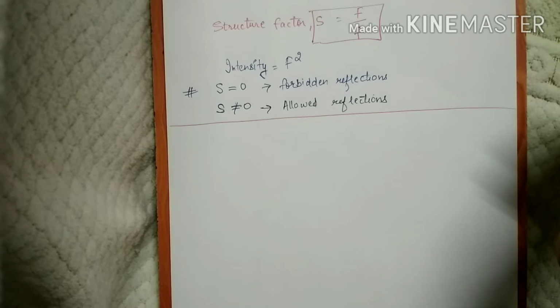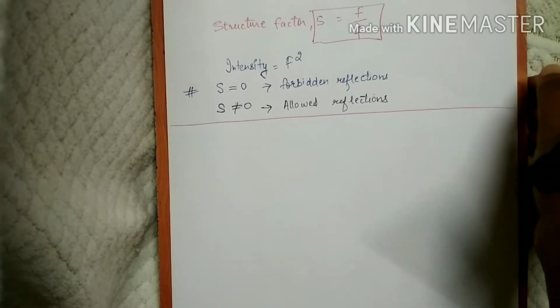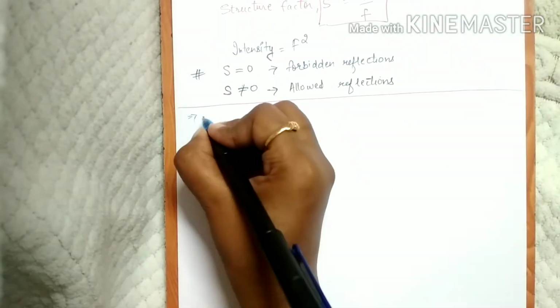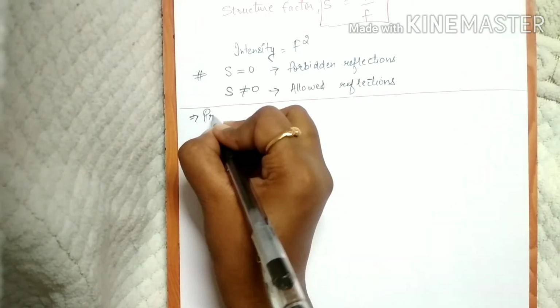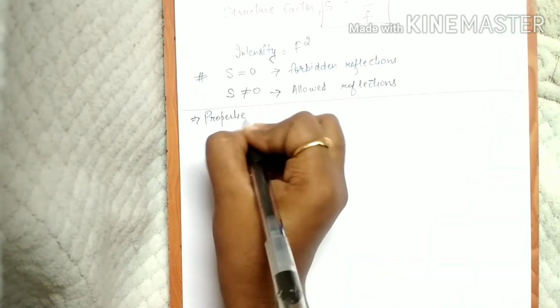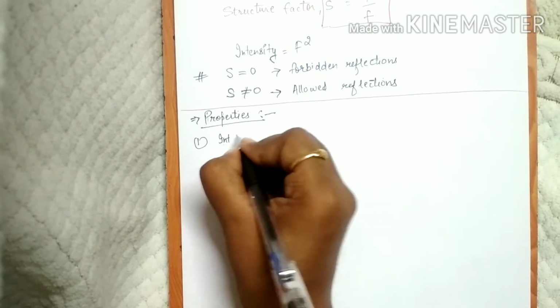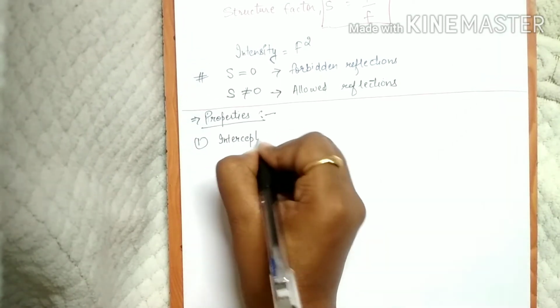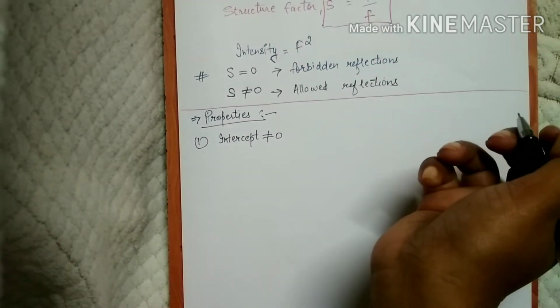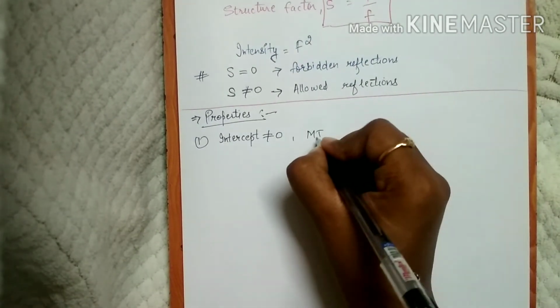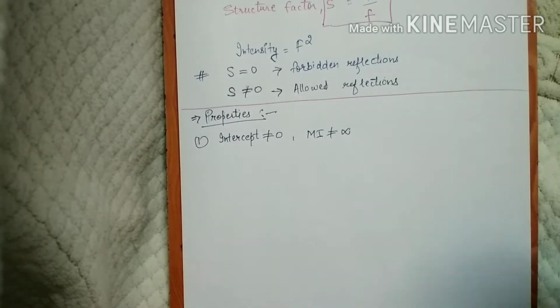So now we are going to study about the properties of your Miller indices and your intercepts. First property is that intercept can never be equal to 0 and your Miller indices can never be equal to infinity.